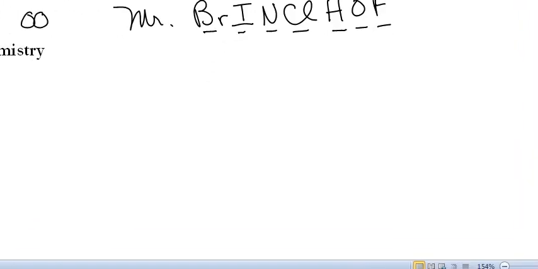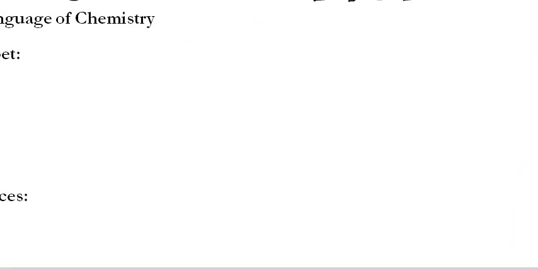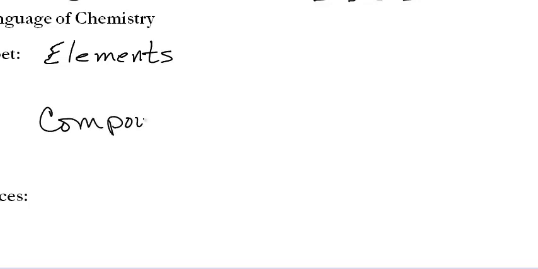So let's review real quickly the language of chemistry. The alphabet for the language of chemistry are the elements. The elements form the simplest unit, and we put elements together and we make compounds. And then compounds can actually be formed into what I would call sentences.